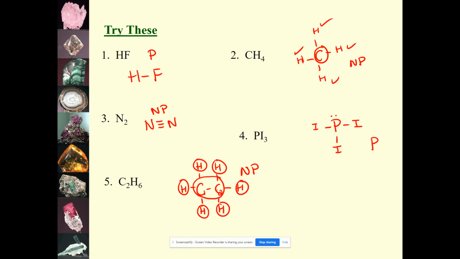Anytime you have multiple carbons in the middle, the only shapes that carbon will ever make are tetrahedral, trigonal planar, or linear. And those three shapes can always cancel as long as the terminal atoms are the same. So whenever you have carbon compounds with carbon in the center and everything else around it, all you really need to do is check the terminal atoms. If the terminal atoms are the same, it'll be nonpolar.